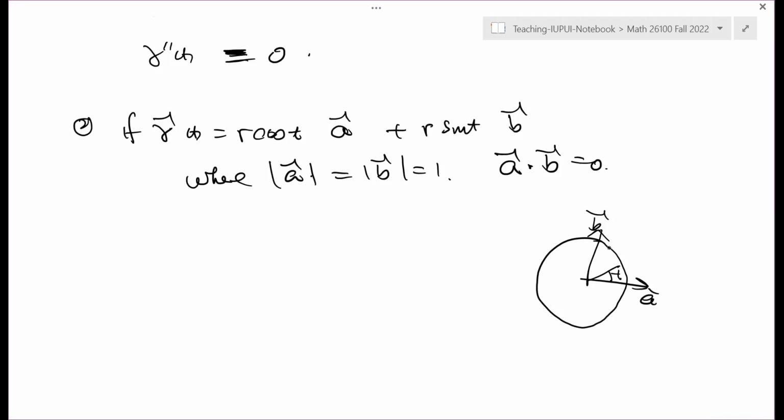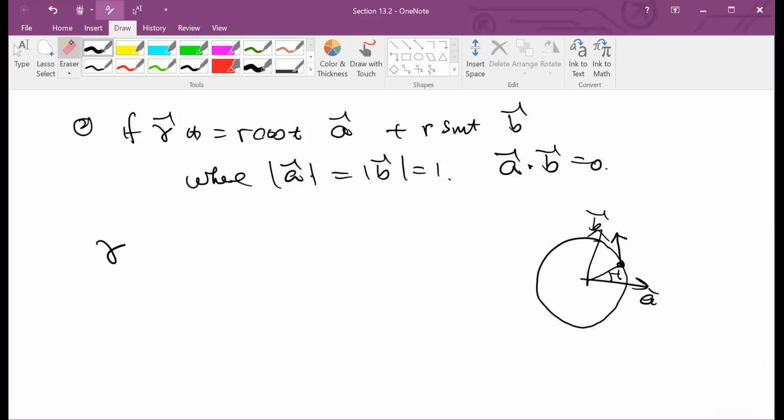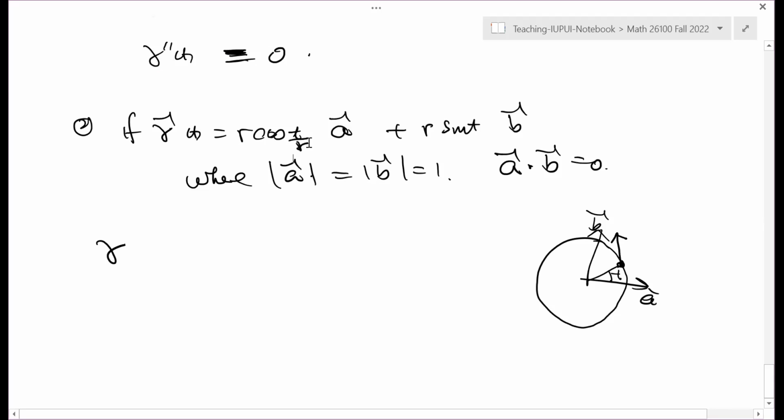So what is my second derivative? The curve is going in that direction. For gamma prime of t, I'm sorry, I have to divide by r here, otherwise I'm not going to get a unit tangent vector.